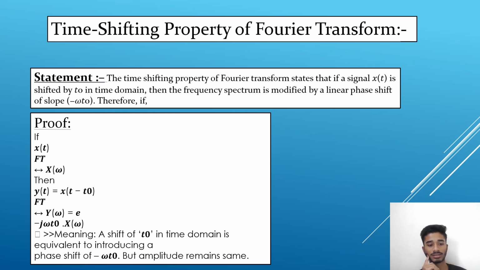What they're trying to tell us is there is no change in the amplitude. The amplitude remains the same, but the exponential part e power minus j omega t naught changes. So moving on to our next slide.